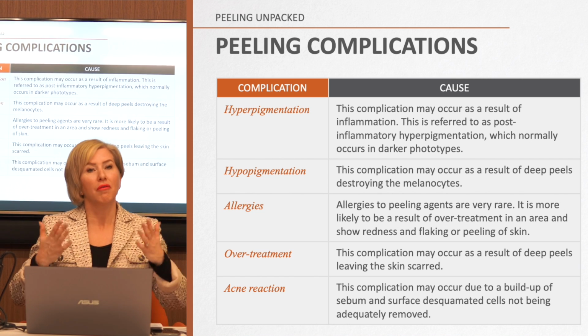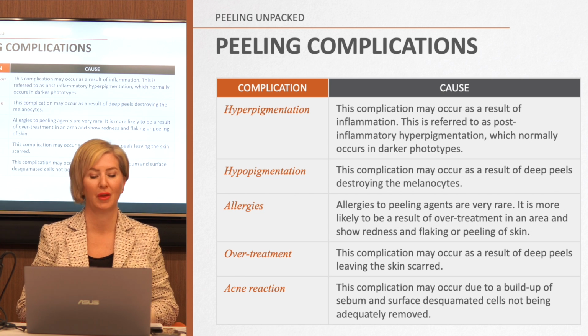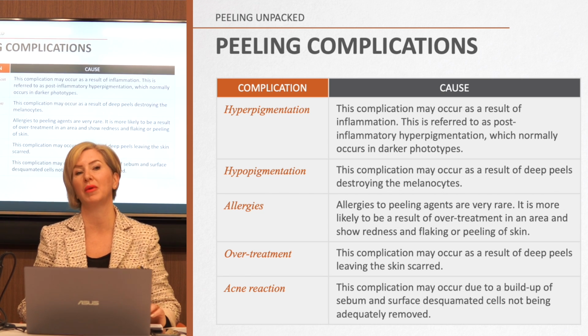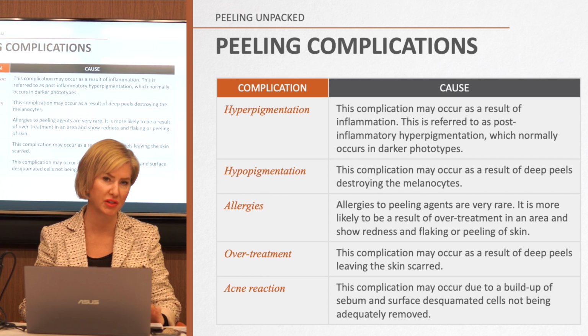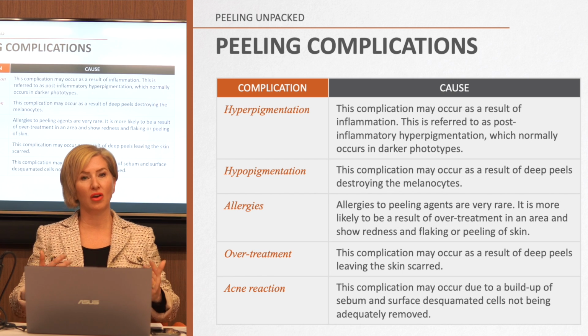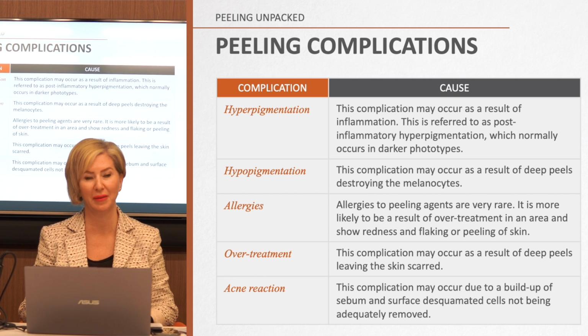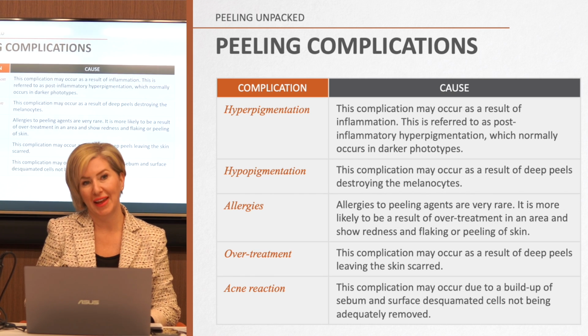Allergic reactions, very uncommon with a peeling product, but we know it can happen. Overtreatment. So again, when we use too many deep peels over a short period of time or even over a long period of time, we can cause scarring. So that's what we avoid with an Environ Cool Peel. And acneic reaction.